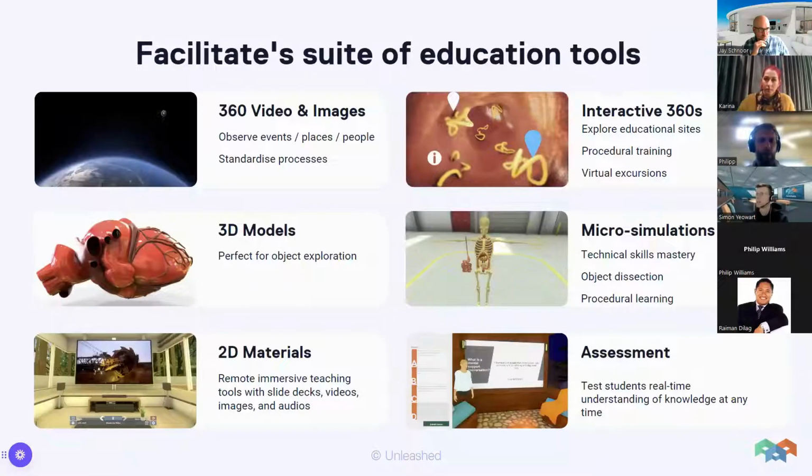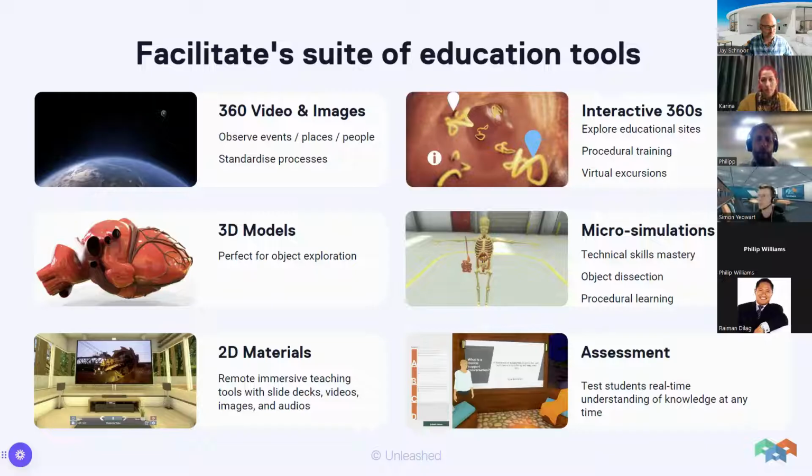If we have a look at the types of content, this is probably the most interesting for everyone. As I was saying, the 360 modality are the top two there. So you can have straight images and videos, allowing you to travel to different places. But you can also make these things that we call interactive 360. So you can add informational hotspots and interactive elements, and you can create a whole experience out of what is essentially a series of maybe three or four videos or images.